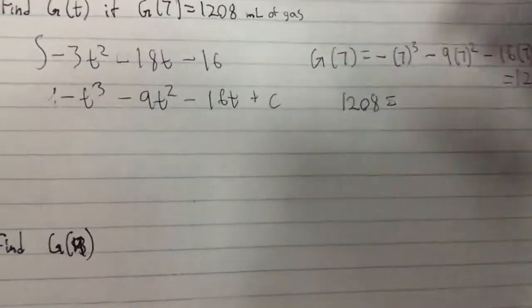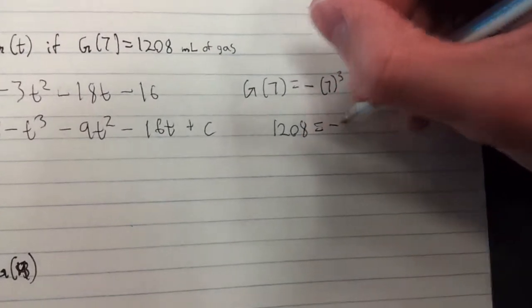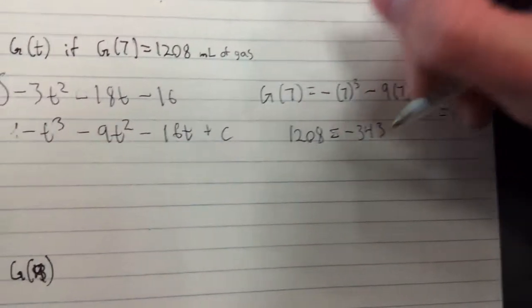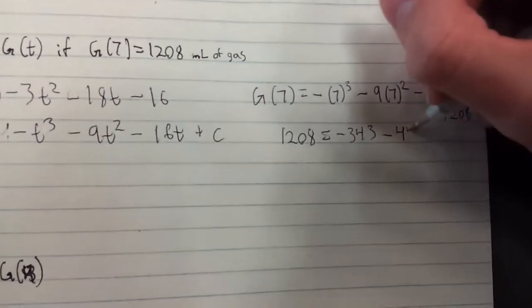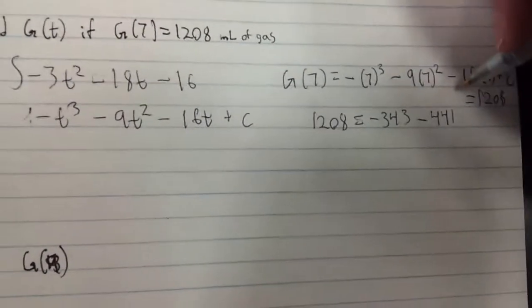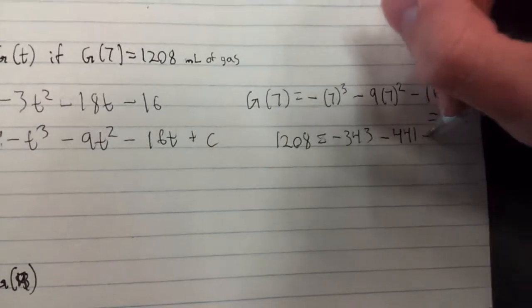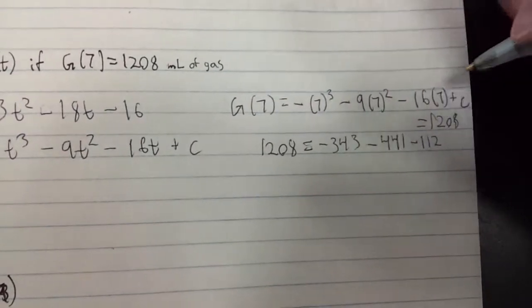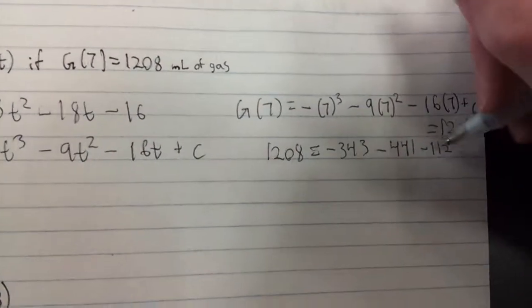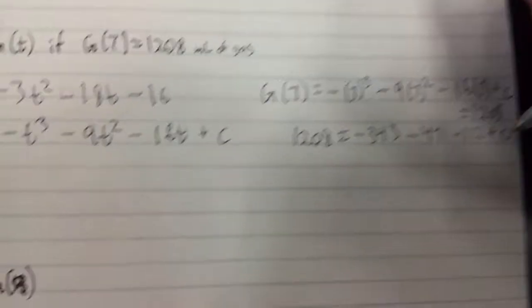This comes out to negative 343, and that comes out to negative 441, minus 112 when you do negative 16 times 7, and plus c.